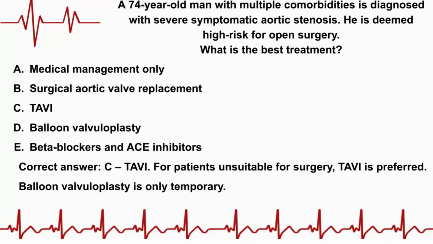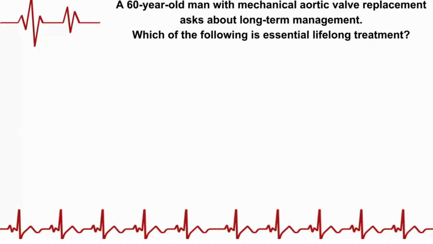But the thing is, he's not really deemed to be a candidate for open surgery. So in that case, we would have to medically manage him because he may be too risky for a TAVI as well. So a couple of considerations. That's why I stuck this question in there.